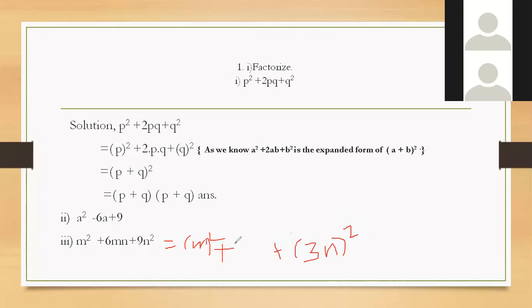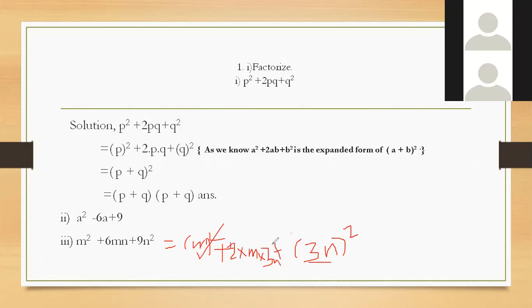And we need to make it 2ab. 2 comes from the formula 2ab. What is a here? First bracket. Sir, m. What is b there? Second bracket, this one. Sir, 3n. Now check.